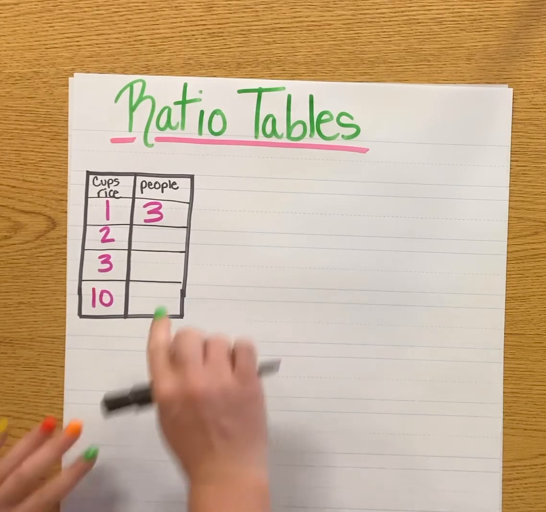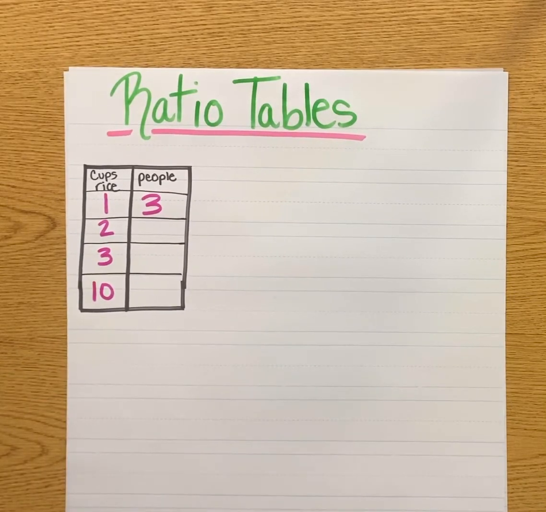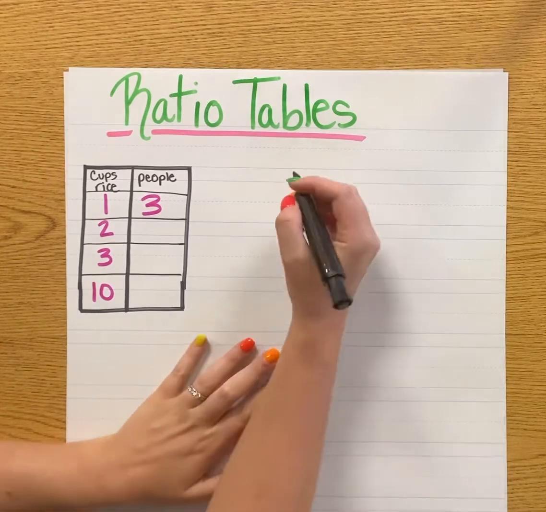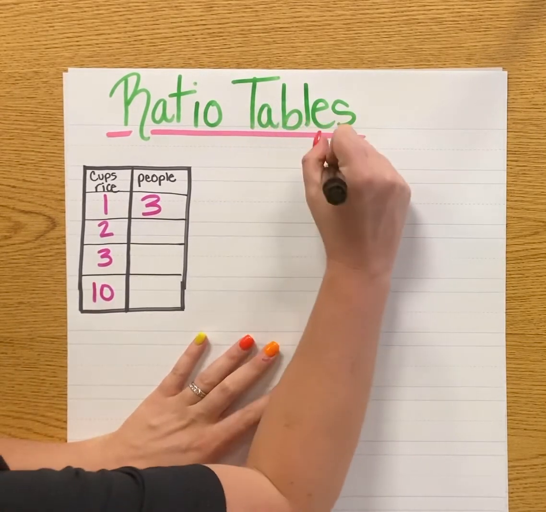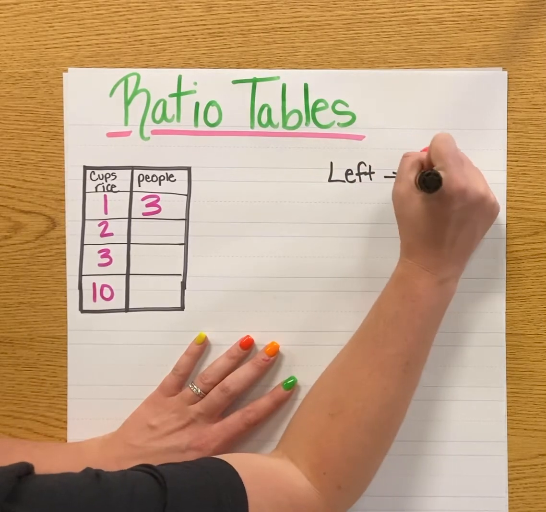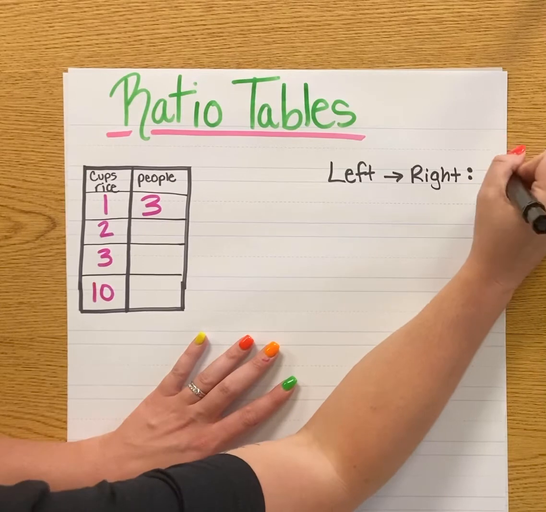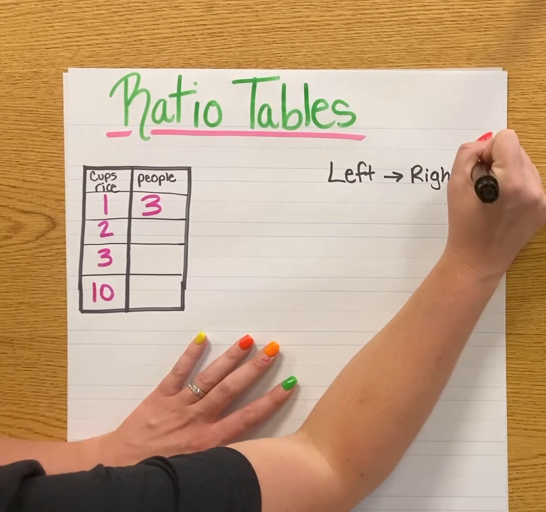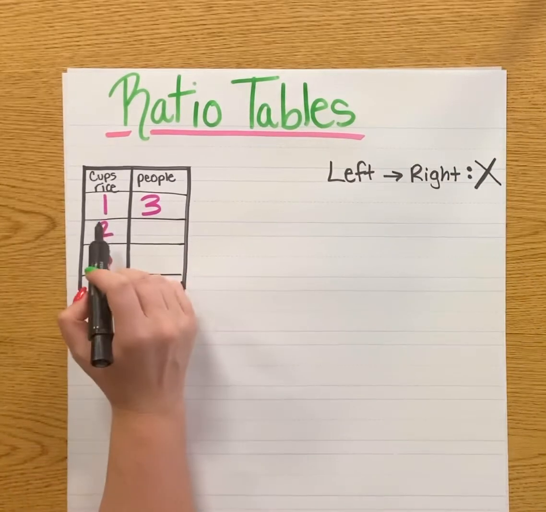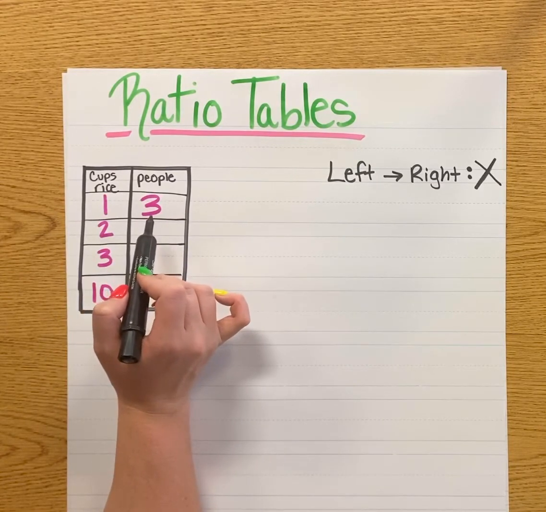When I'm trying to fill these in, it gets a little bit trickier. So when I'm going from left to right, I am going to multiply. Okay? So per cup, I can get 3 people.